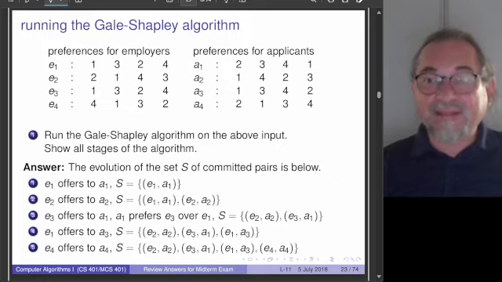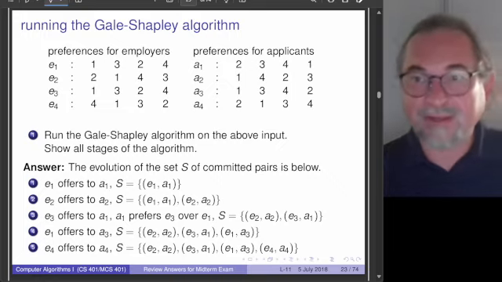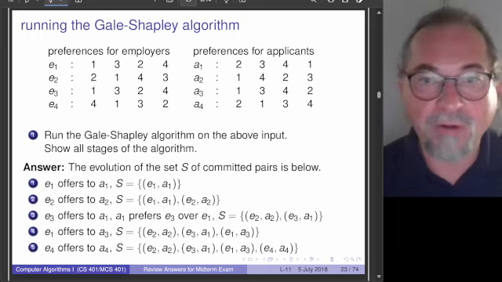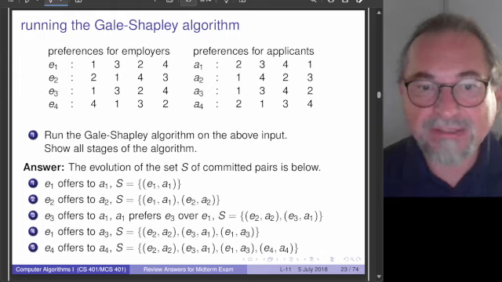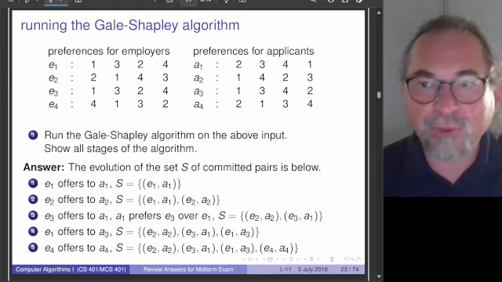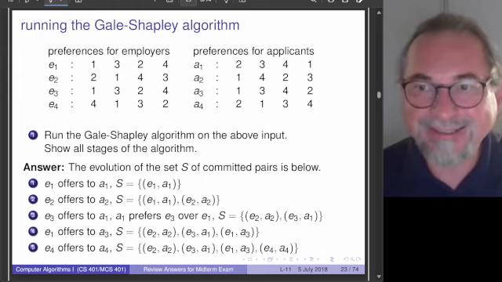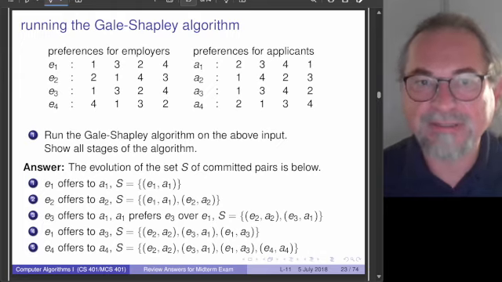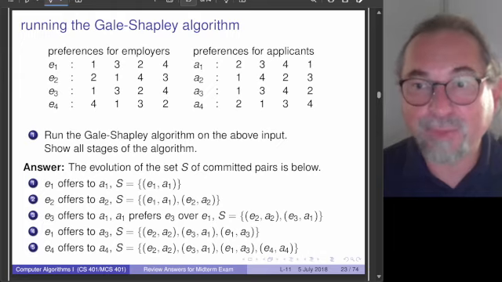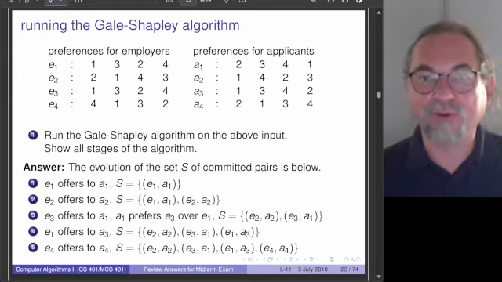It starts to get interesting when we get to the third employer who offers to applicant 1. Applicant 1 is committed to employer 1, but employer 1 is the least preferred for applicant 1. So you can see that employer 3 is actually more preferred over employer 1.